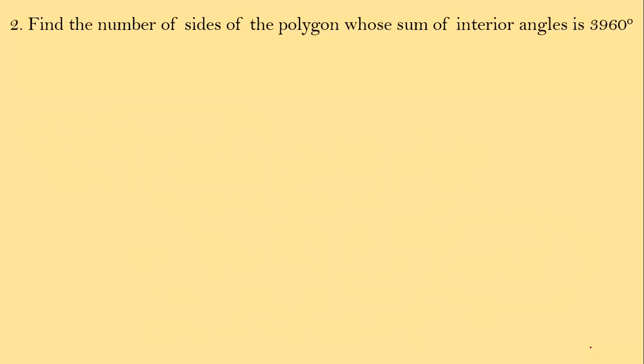Over here, we have to find the number of sides of the polygon whose sum of interior angles is 3960. So what is given to us?